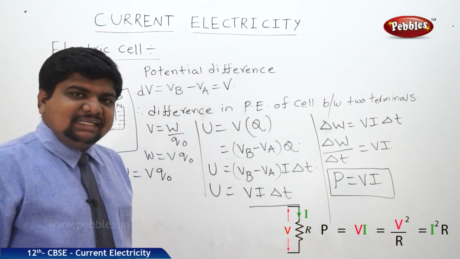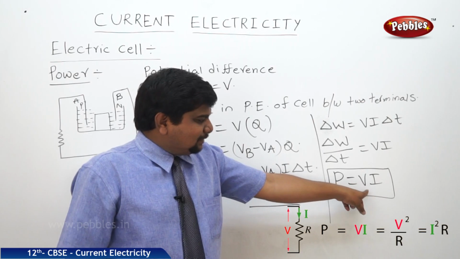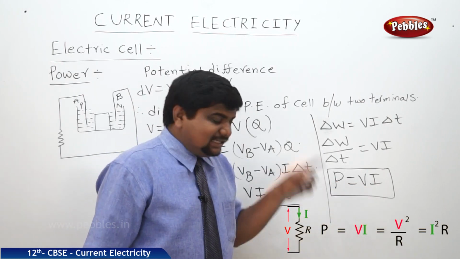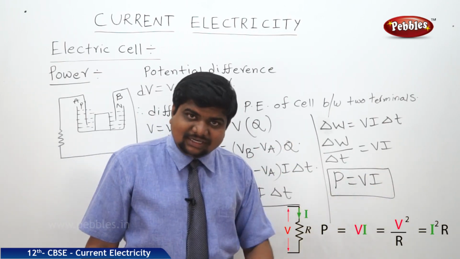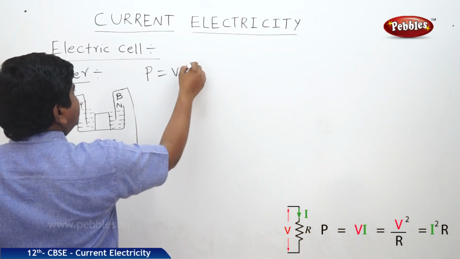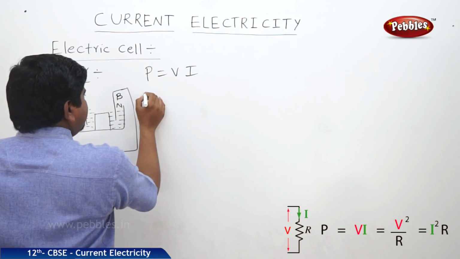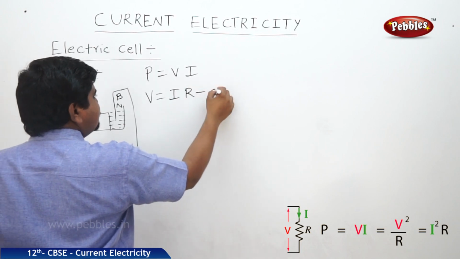But we should check the dependence of power on resistance. Here the power is directly proportional to the potential difference and the amount of current. But what is the relationship between the power and resistance, especially in an electrolyte cell? Now we will see. We know that P is equal to VI. V is equal to IR, which is nothing but Ohm's law.